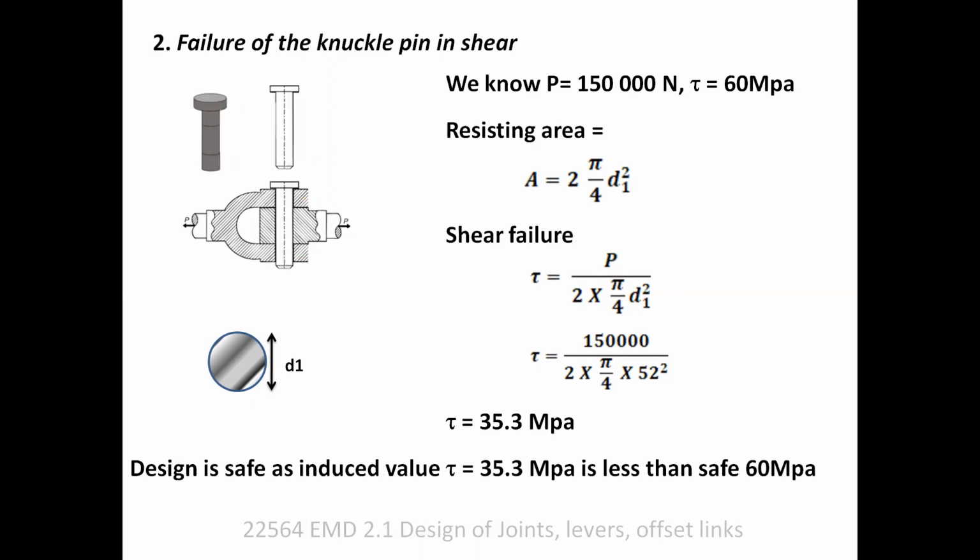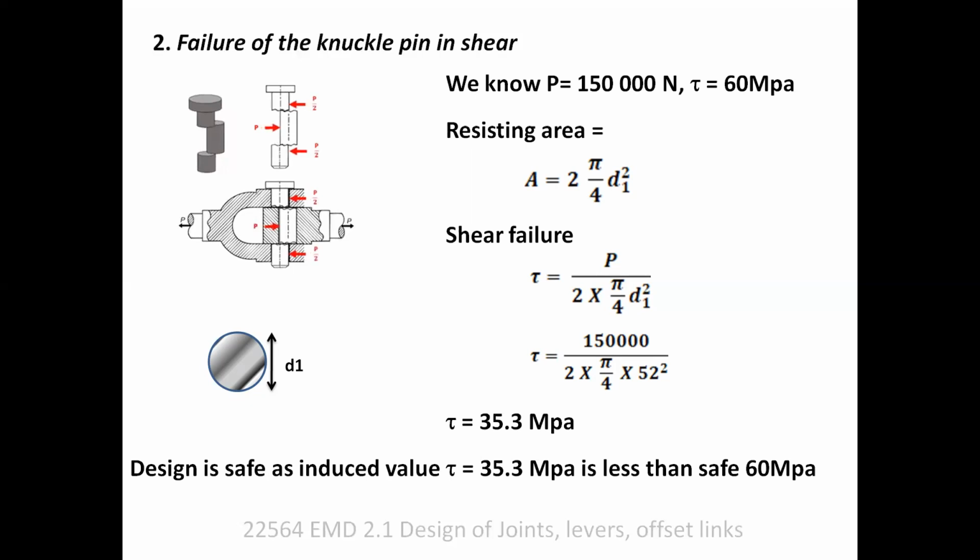But the permissible or safe or design value is 60 megapascal. You can see at the top, which is given. So that means the induced value of shear stress is less than the safe value. That means our design is safe.